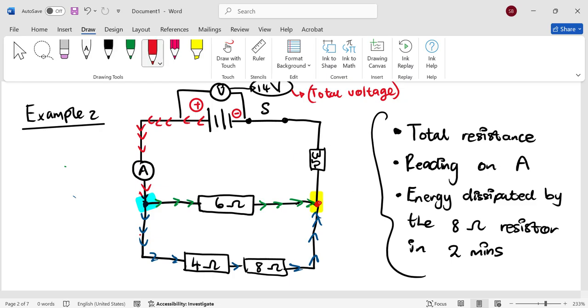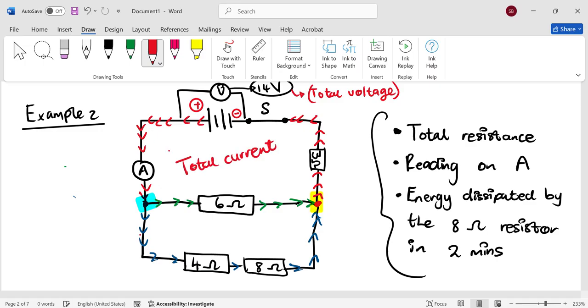So notice something. At the point of togetherness, the current comes together again and continues to then flow as the total current through that switch, right? So what I want you to take from this is that current before a split is registered as the total current.